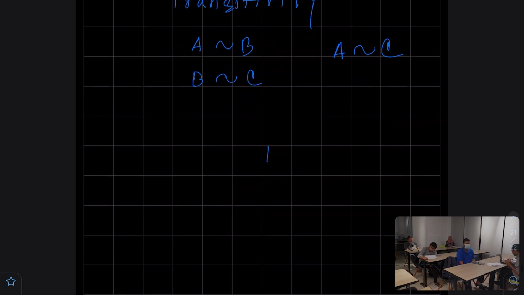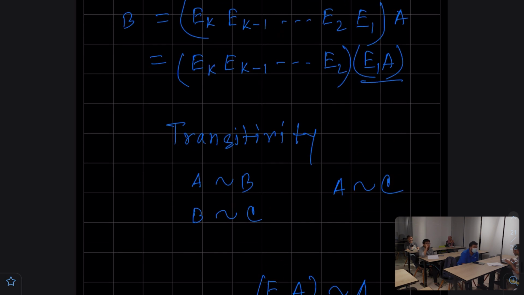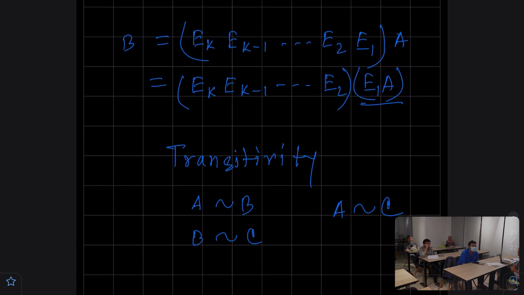So that means E1 A is equivalent to A. Then if I apply again another elementary matrix from the left, then this will also be equivalent to A. And since this is a finite sequence of multiplications, the final matrix B is equivalent to the matrix A, right? Thank you very much, everyone.